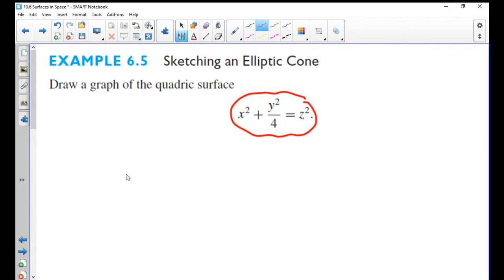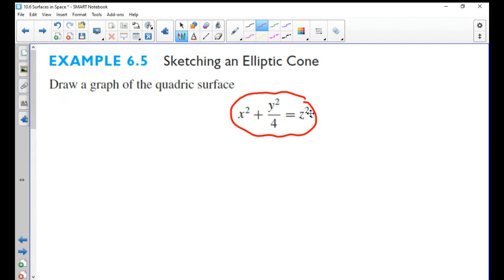How is this equation different from the previous one? If you look carefully at the equation, before we had z. Here we are having z squared. That's the main difference. And this will make a big difference in the shape, by the way.